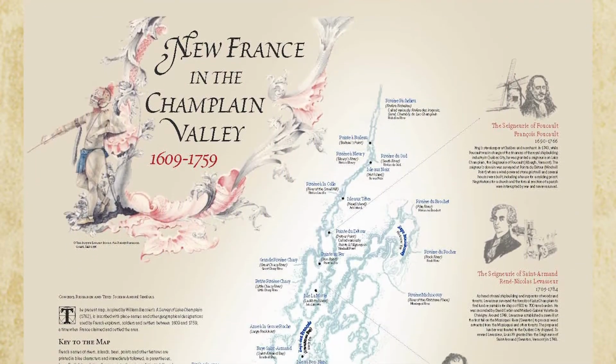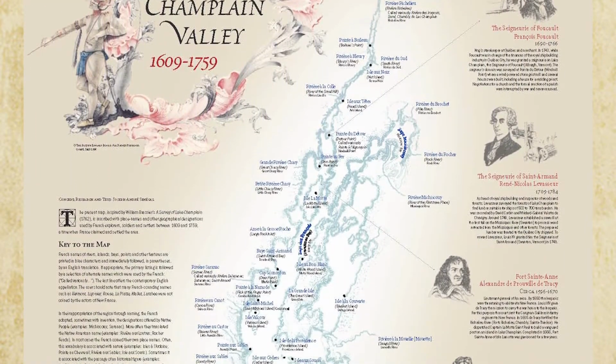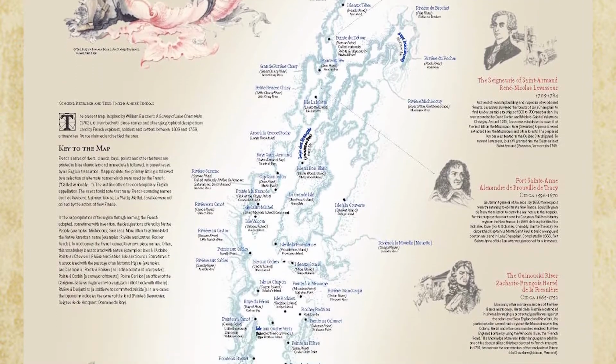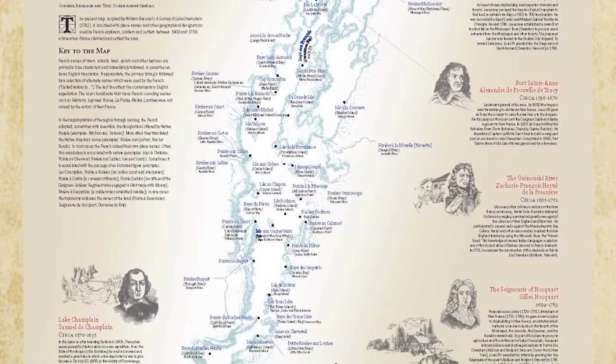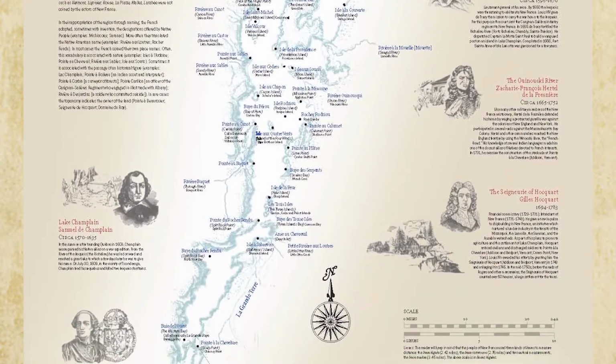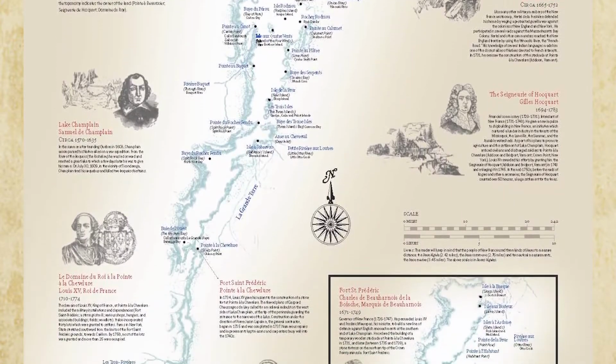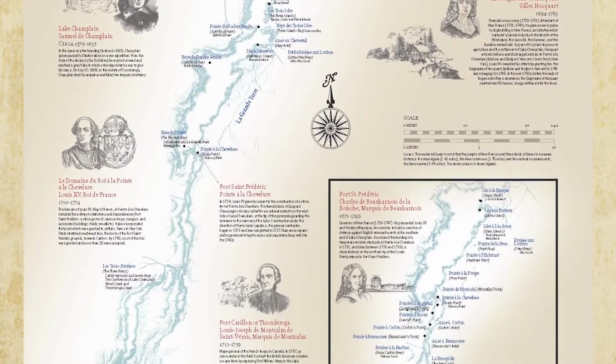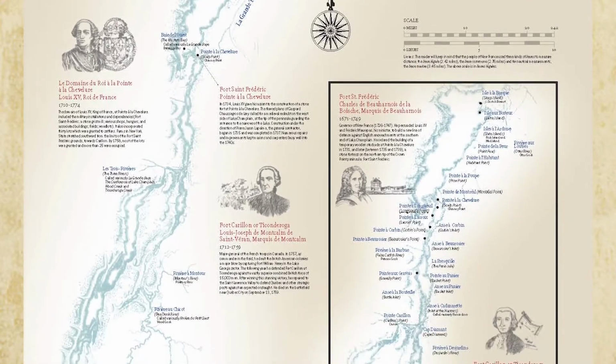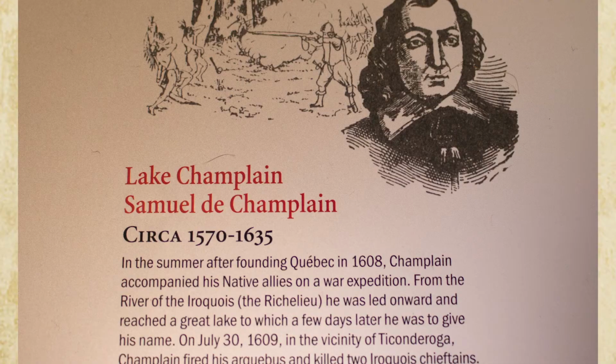Portraits of historical personages appear on the map New France in the Champlain Valley. We could say that most of these images do not represent, as far as we know, a likeness of the featured person. That's true for Champlain. There's no likeness of Champlain that survived. Perhaps there never was.